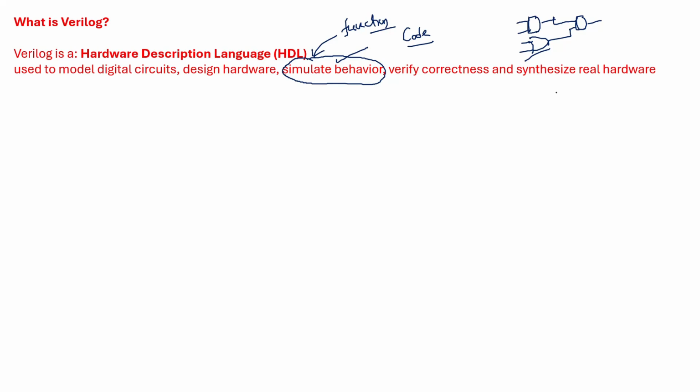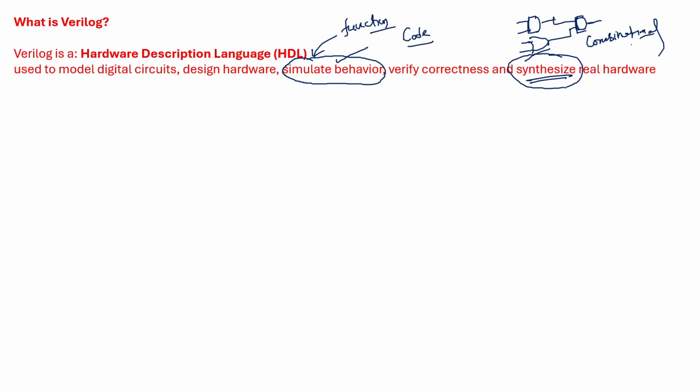And synthesize means whatever the code you have written, that should be getting by combinational circuit, or that should design a combinational circuit or sequential circuit, any circuit. That is the main thing. Whatever the code you have written, that is synthesizable.